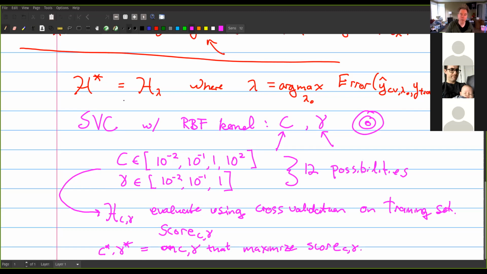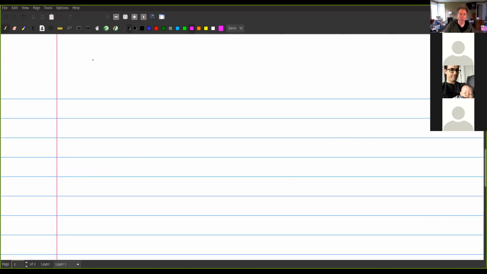Okay, and now the winning hypothesis class here is C star gamma star. So now that we have that, what do we do? We use C star and gamma star as our hyperparameters.